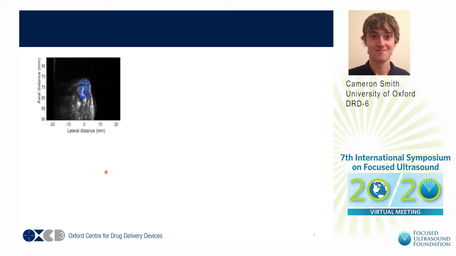And what was often found to be the case in mice that were anomalous were times like this, where cavitation occurred, yes, within the center of the tumor here, but also at times in the skin at the front of the tumor and also in the vascular bed behind the tumor.